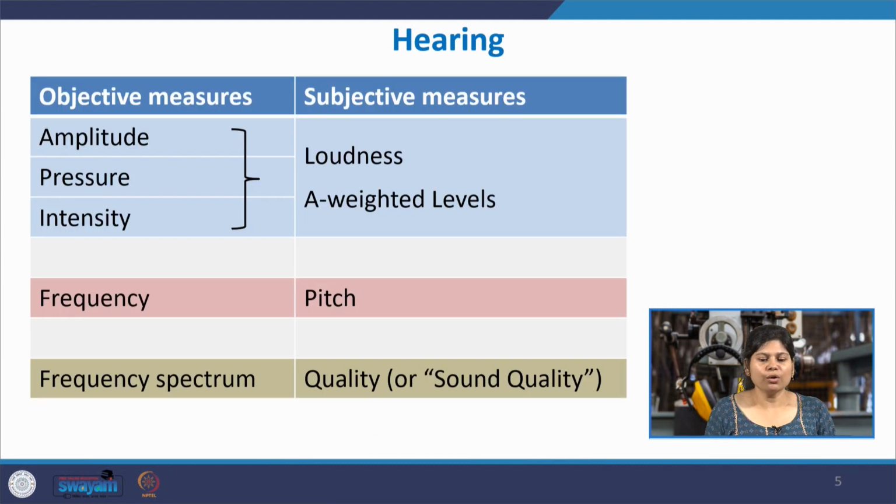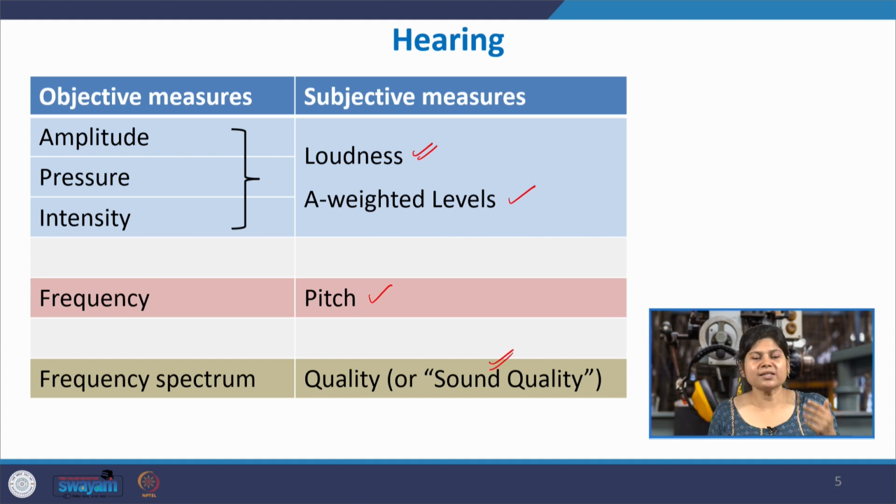Okay. So, now, in order to quantify how a human ear perceives these so-called objective sound pressure levels, we have some measures that have been devised. Some of these measures, which closely relate to how a human ear perceives sound, are loudness, A-weighted levels, pitch, and then the sound quality.